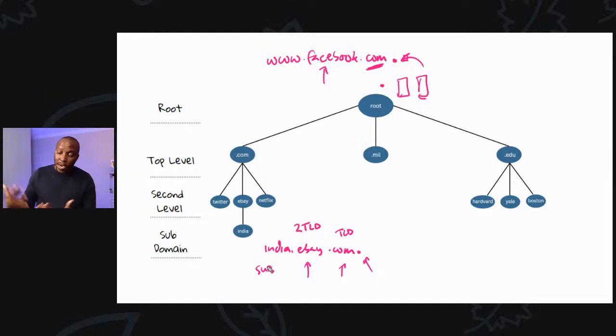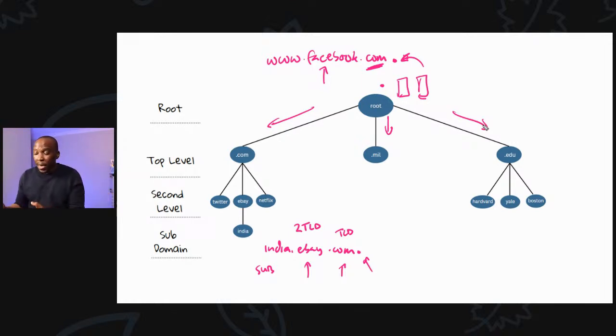So when you make a query, you start with the root, and depending on the .com or .edu or .mil, you get sent to the respective DNS servers that are authoritative to that particular top level domain.